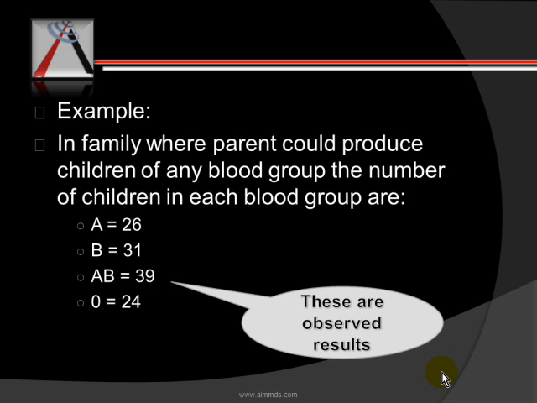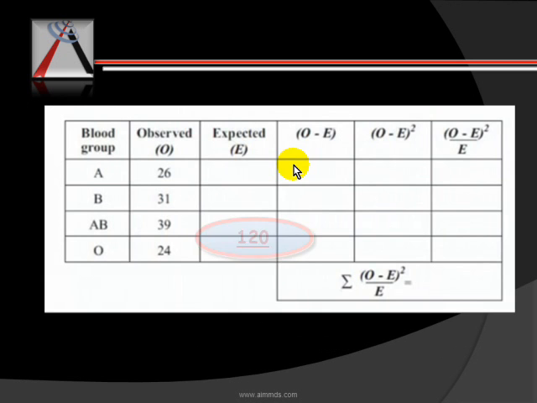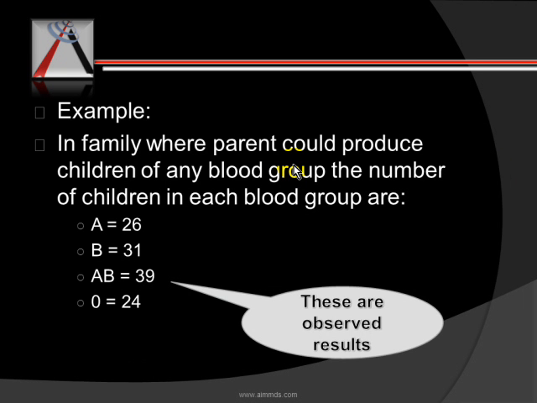We come back to the question again. So if we see these observed results and we add up all children over here, we get the total population of 120. Now next we just take this chart, and this chart will help us in applying the chi-square formula, and we have the observed results. What were our expected results? Our question was, the parents could produce children of any blood group.